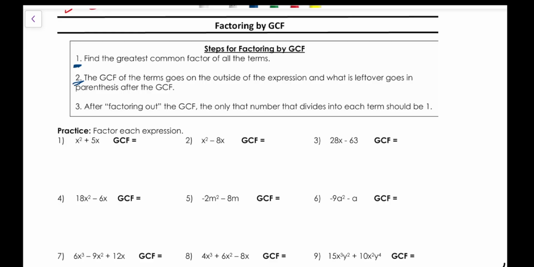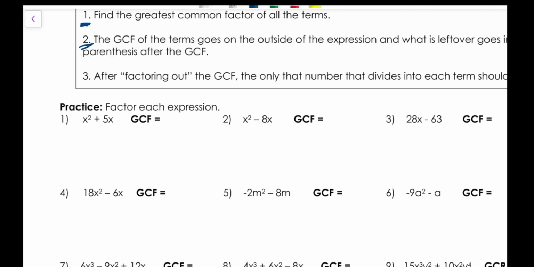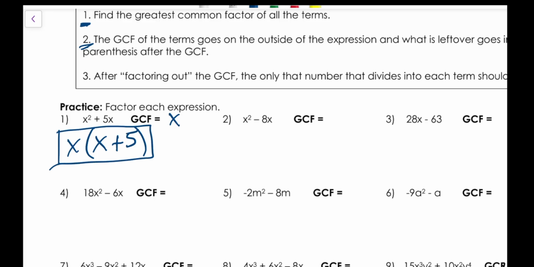X squared plus 5x, the GCF is just x. So you would have x on the outside, and then to get the inside stuff, you basically just divide, or you think to yourself, what do I multiply x by to get x squared? And that could be x, and x plus, or x times 5 would be 5x. So if I multiplied this back together, I'm going to get the original question.